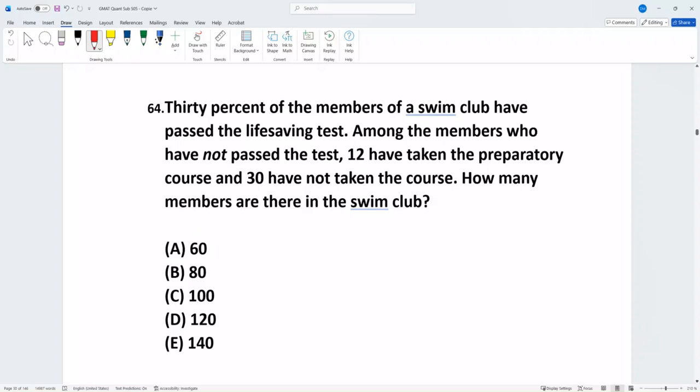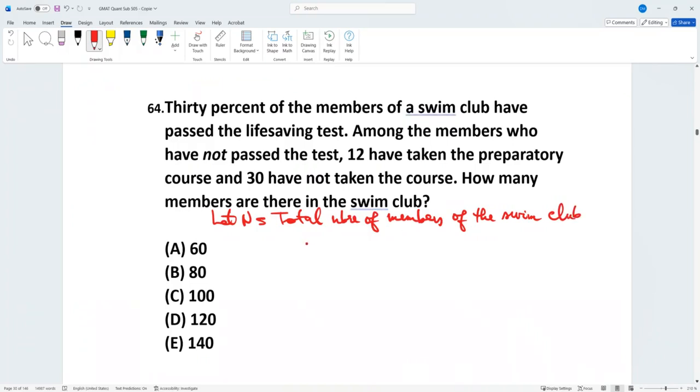So the same way, we say let n be equal to the total number of members of the swim club.